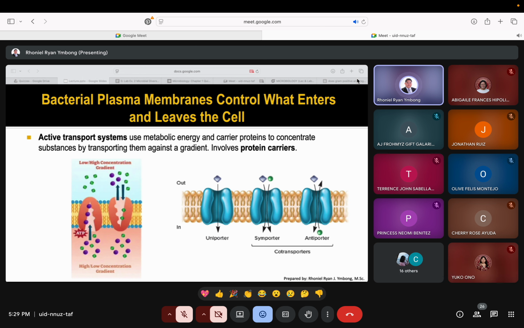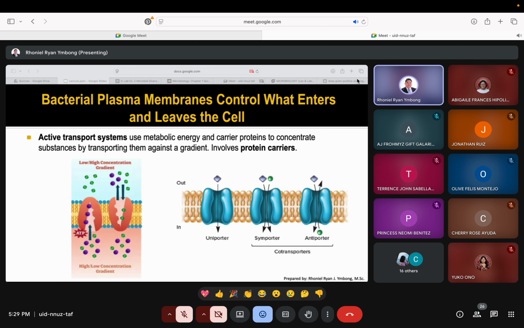Symporter means, from the name itself, there would be movement of two different molecules in the same direction. So they are equal in terms of movement and direction. But when you say antiporter, the movement is of two different molecules, but the directional movement is opposing one another. So one going in and the other going out, just like your sodium potassium pump.